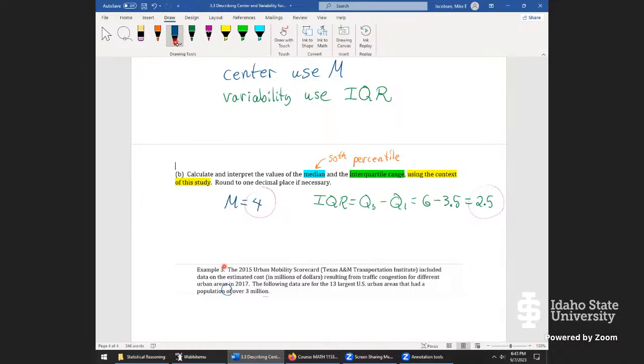So here's what we can say about the median. We can say that about 50% of these cities, let me see, did they say cities? Urban areas is probably the better way to say it. These urban areas have a congestion cost exceeding $4 million.